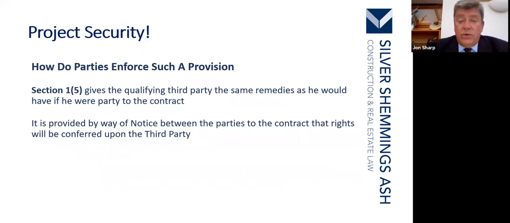How do parties enforce such a provision? Well, Section 1(5) gives the qualifying third party the same remedies as he would have if he were a party to the contract. So he can stand in the shoes of both of the main contracting parties.